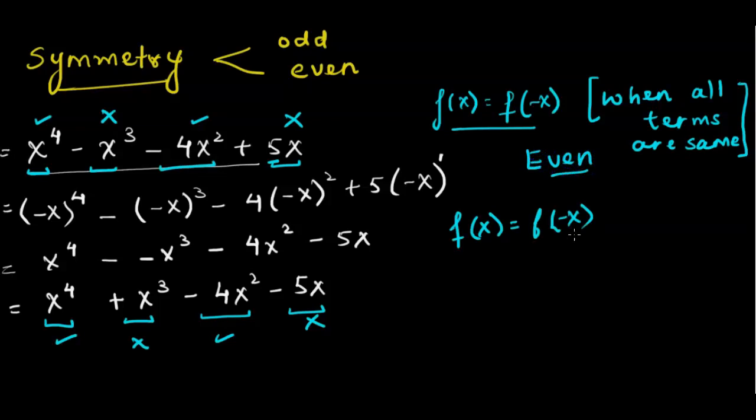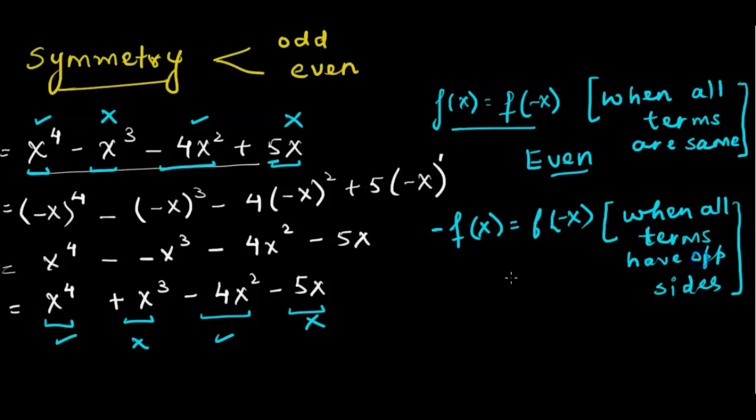If f(x) had all terms with opposite signs when compared to f(-x), that is when all terms have opposite signs, then we conclude that the function has odd symmetry. And if we notice that f(x) has no relationship with f(-x), then it is neither symmetry.